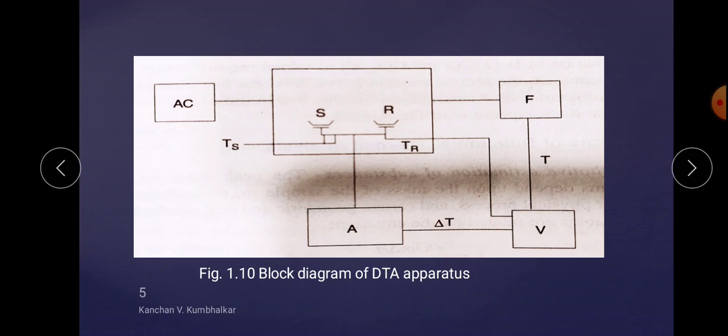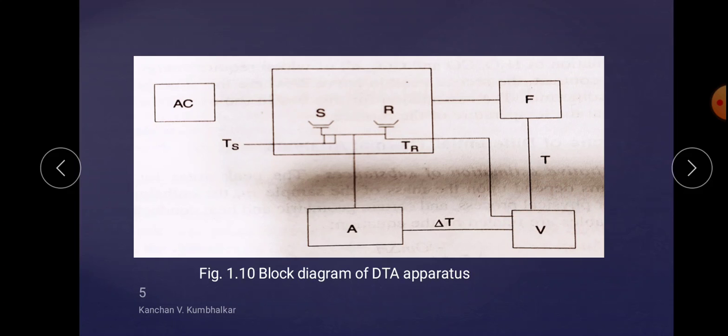So it is recorded on the y-axis of the recorder V. If a potential is developed, it is fed to the amplifier in the form of delta T, and that is recorded in V on the y-axis. V is the recorder.